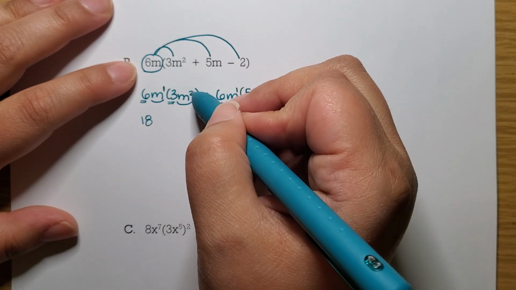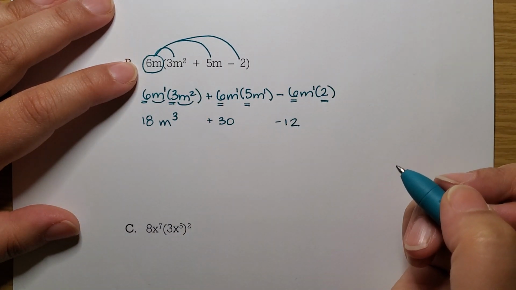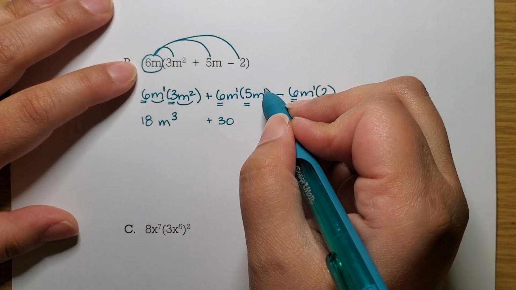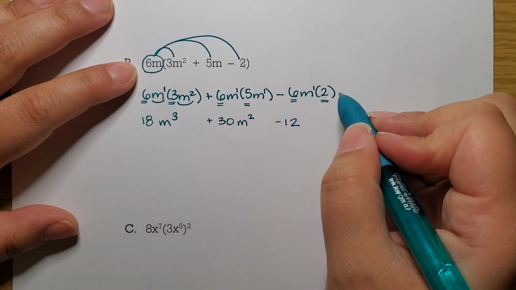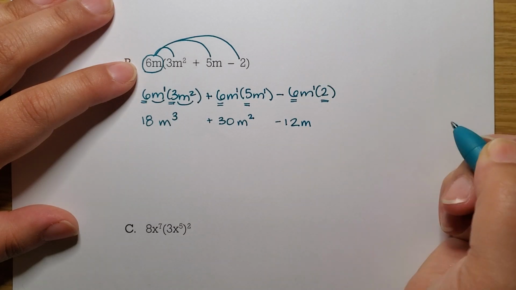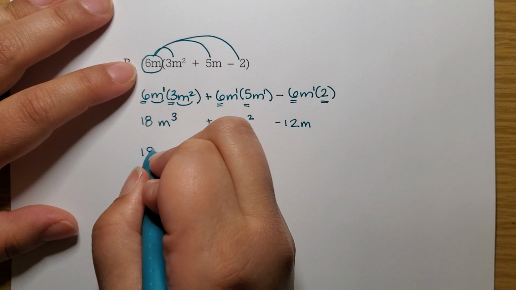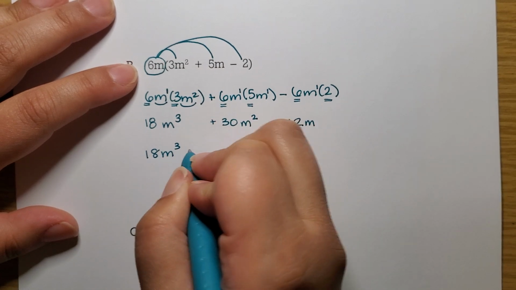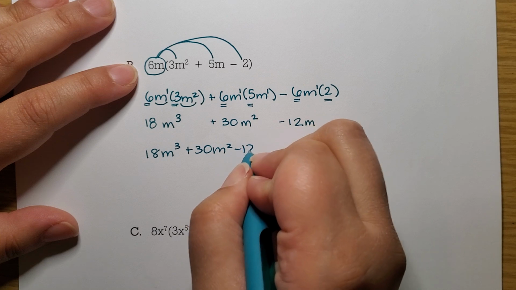So 1 plus 2 is 3. 1 plus 1 is 2, so I get m squared. Oh, and there's just a single m here. So my final answer to this one is 18m cubed plus 30m squared minus 12m.